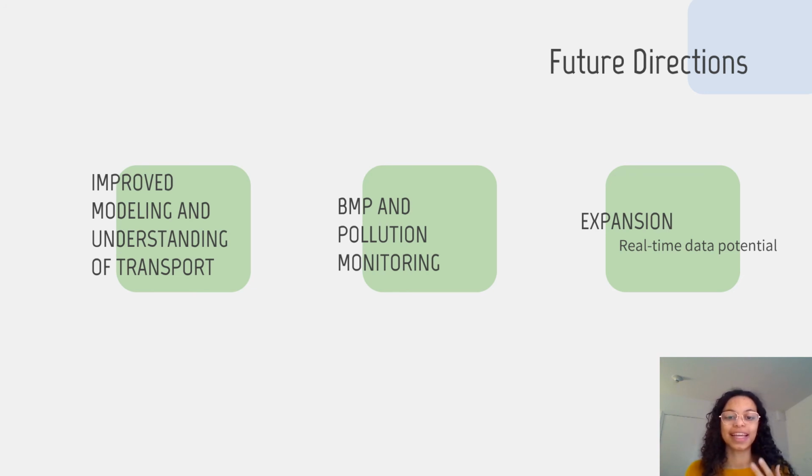Another major benefit is that our methods can be used in a variety of ways, including monitoring how effective different BMPs are and monitoring the pollution of the rivers to see whether something's working, whether something's not, and identify areas of higher pollution and whether something needs to be implemented. And lastly, this type of method can easily be scaled up and implemented in a variety of different locations.